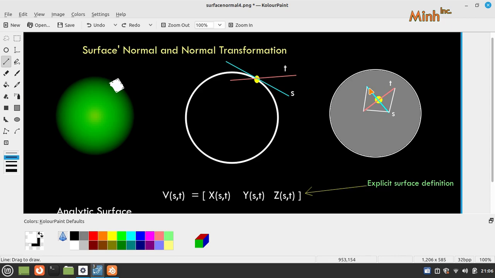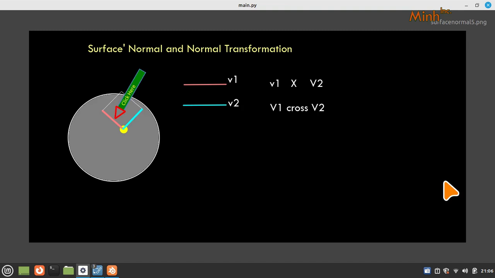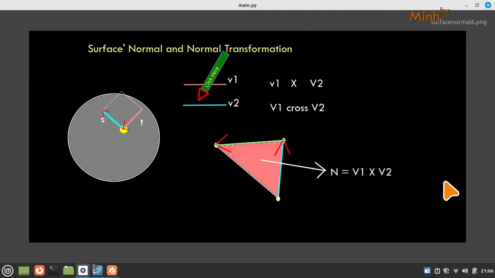That is the idea. If I get the exact surface with the two tangents, then I can calculate the normal. Calculating the normal is nothing but, if I have two vectors and I do the cross product, I get the normal. If I have a triangle, and one vector is like this and another vector is like this, the normal would be v1 cross v2.